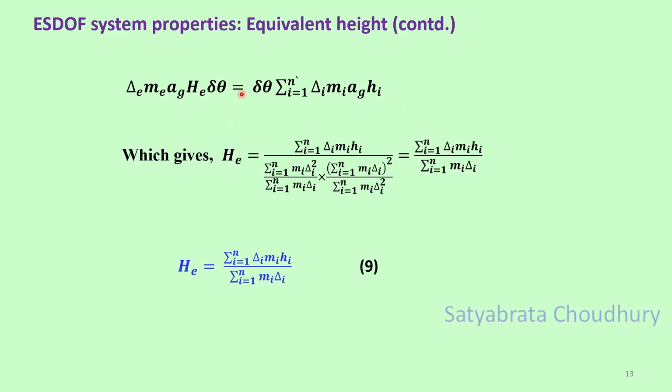So from here delta theta will cancel out, and by simplification I get He equal to summation mi Hi delta I divided by summation mi delta I, equation number 9.